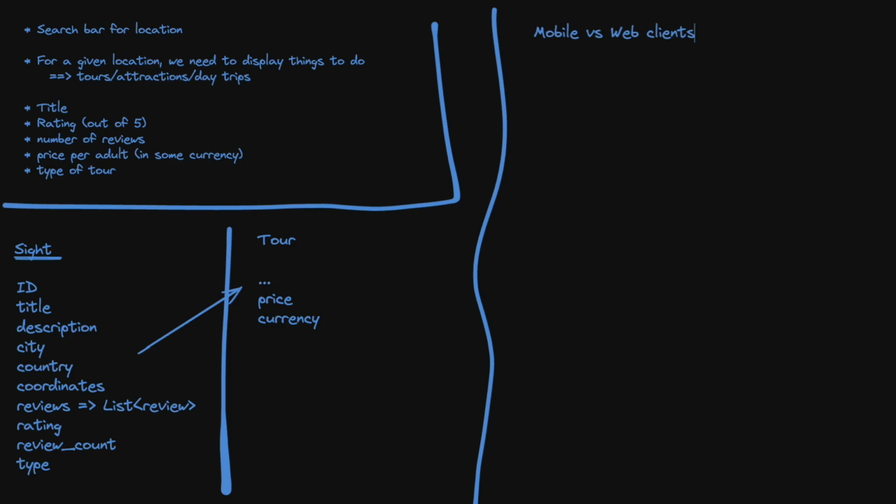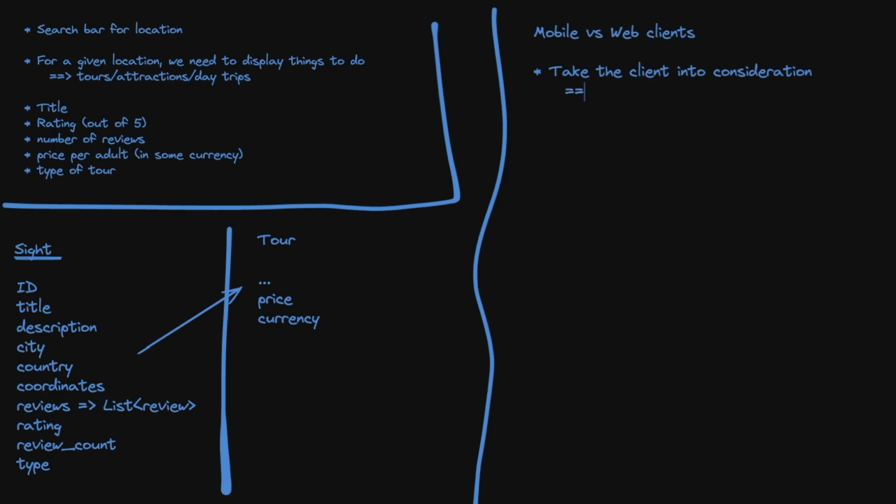The reason for this is obviously that the web page that you display for a web client is going to be drastically different than that on a mobile device. And obviously the data requirements are going to be different.